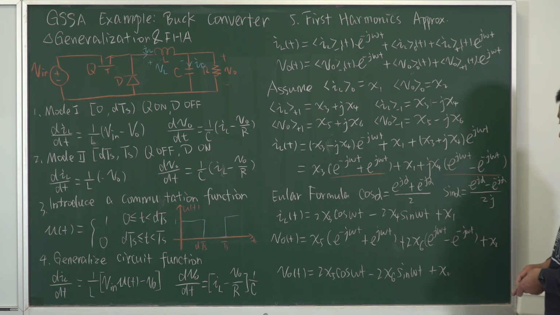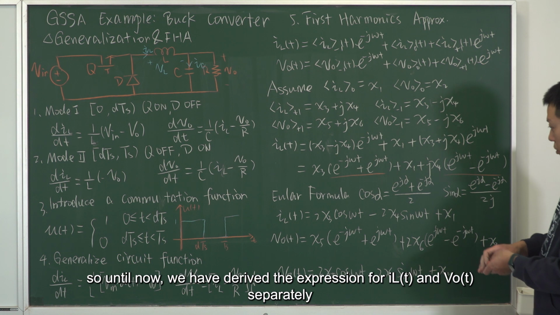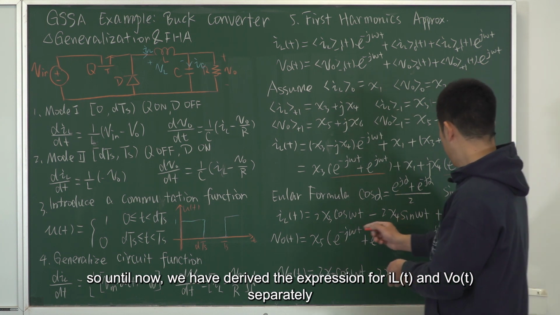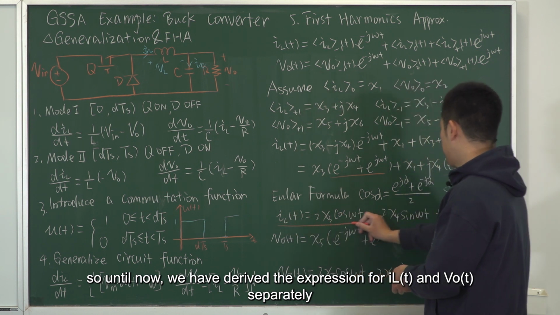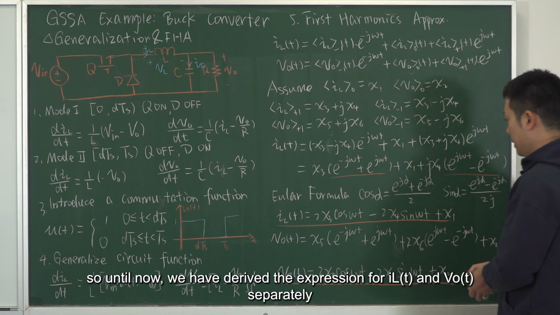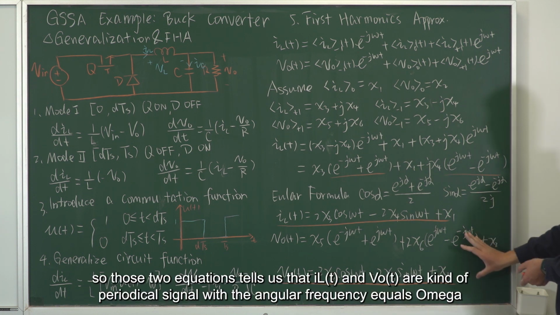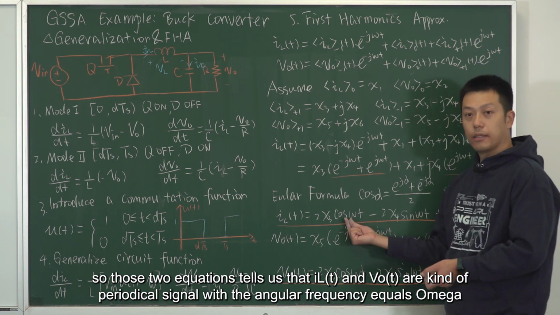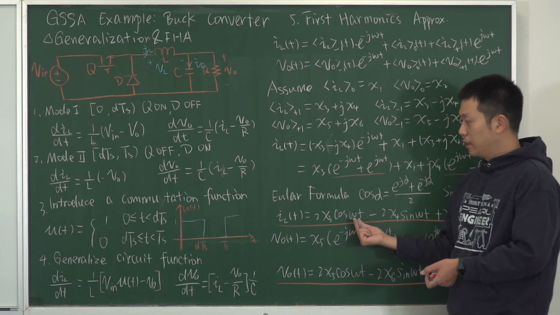Okay, so till now we have derived the expressions for IL(t) and VO(t) separately. So those two equations tell us that IL(t) and VO(t) are periodical signals with the angular frequency omega, right?